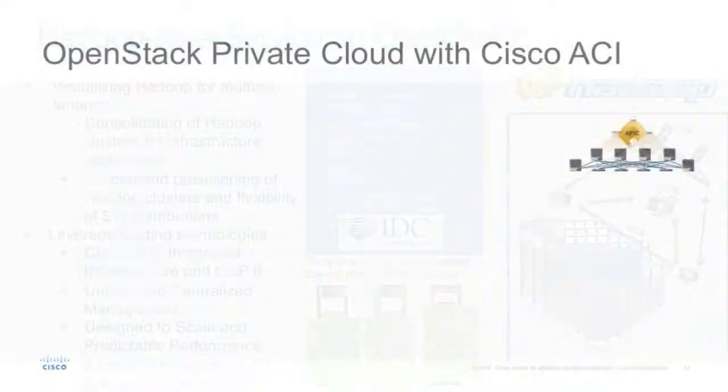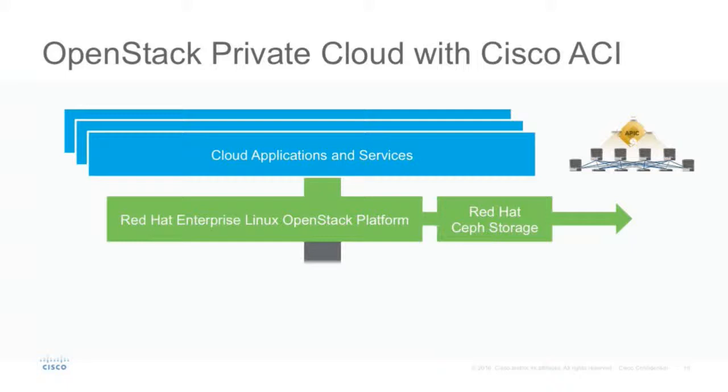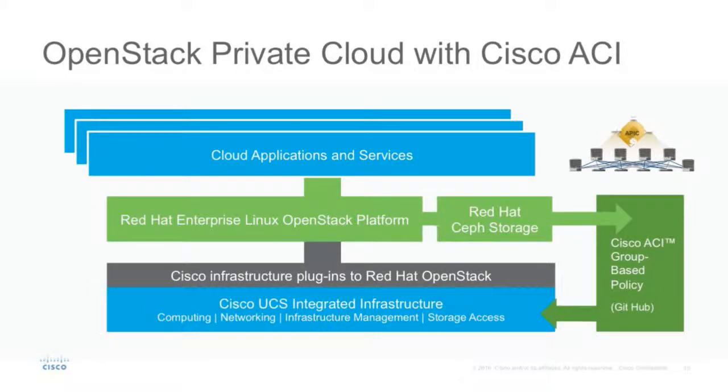In the other space, we have OpenStack, and there is the requirement of software-defined networking. So many customers who are looking at OpenStack are also considering software-defined networking, and vice versa. The folks who are looking at SDN are looking at OpenStack as well.